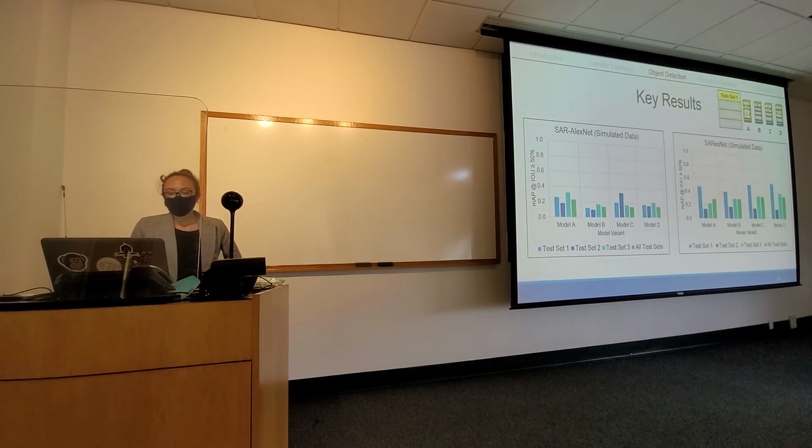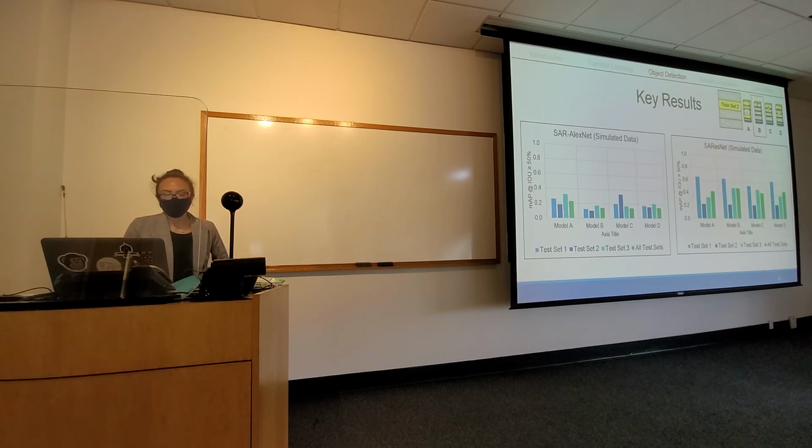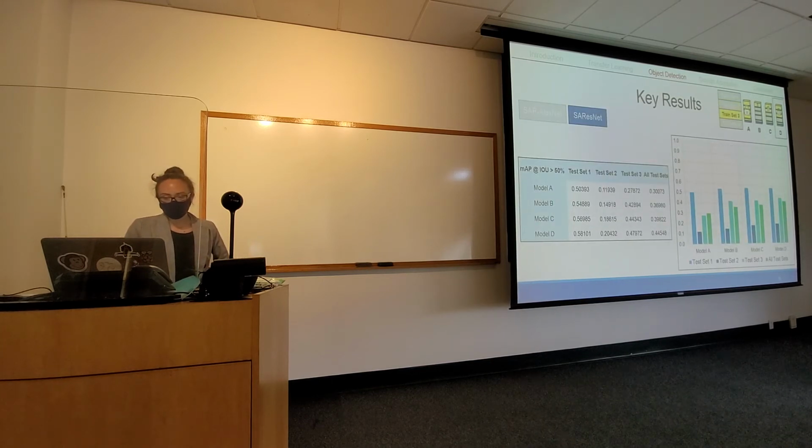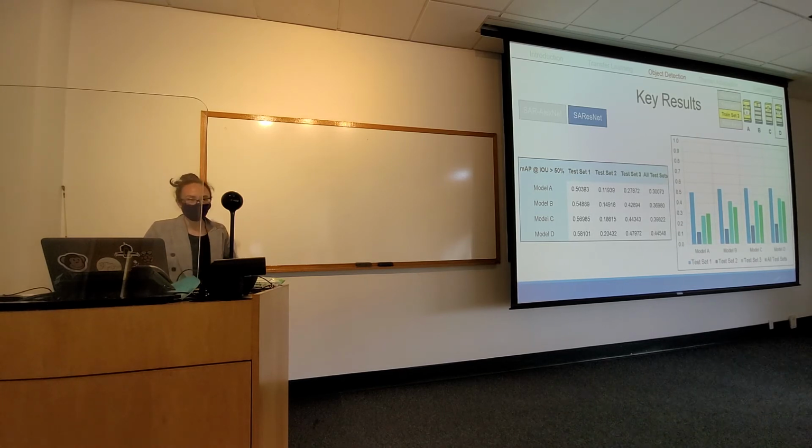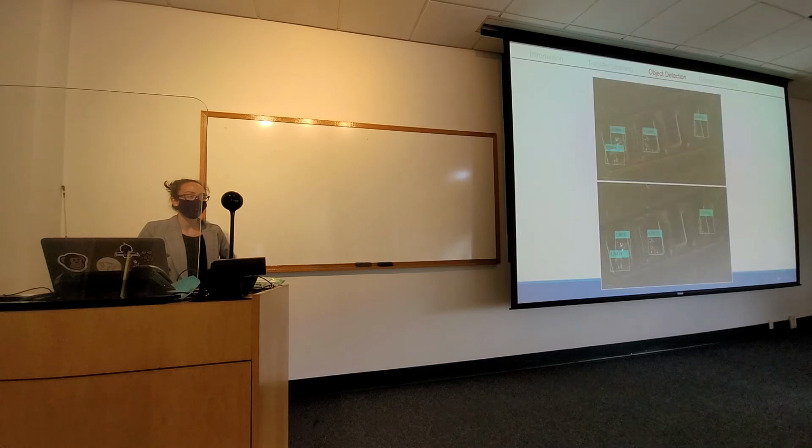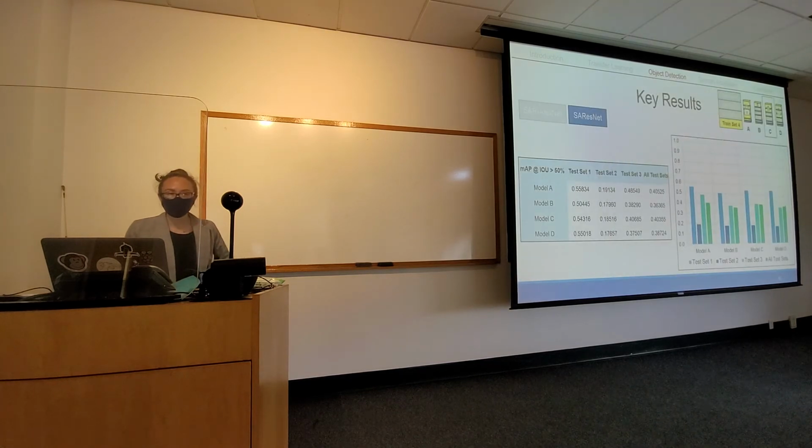Then, using the simulated data backbone, overall ResNet has the best performance, and AlexNet just does not work. So if we focus on ResNet, we can see that the performance is very good for at least one of the incidence angles, and fairly poor for the others. As I explained before, I think that has to do with the data that is available to me.